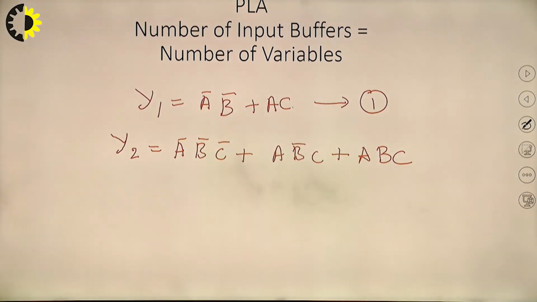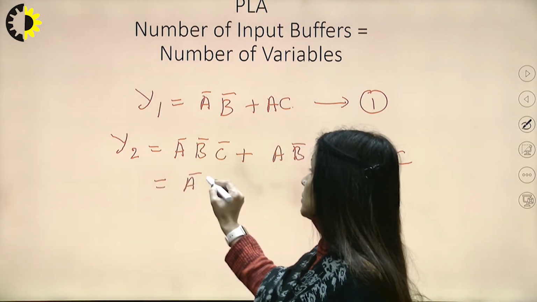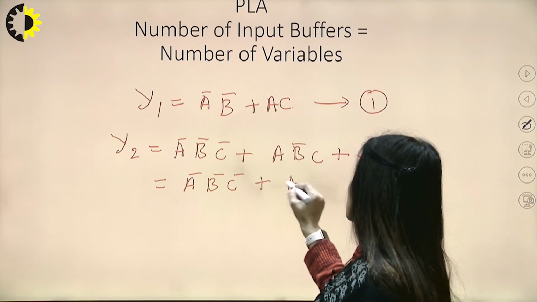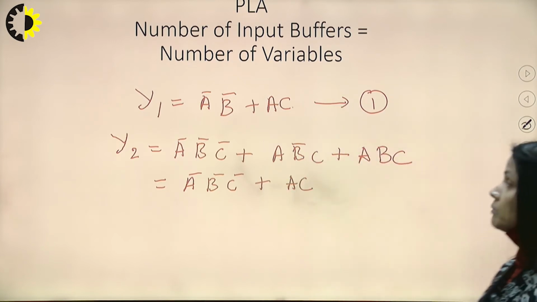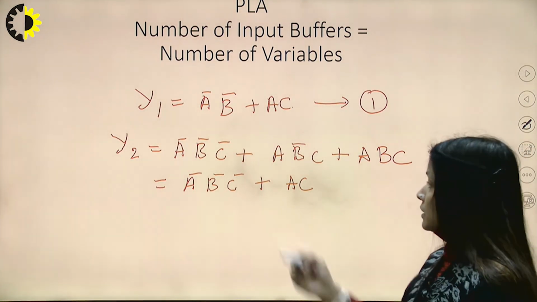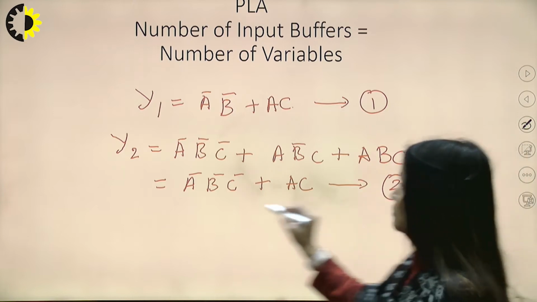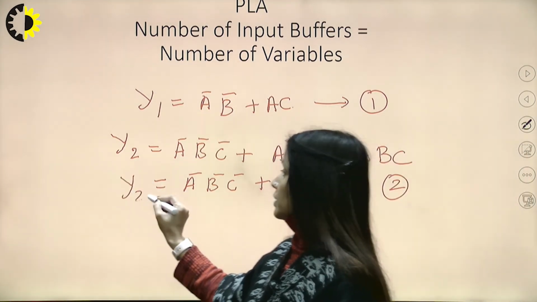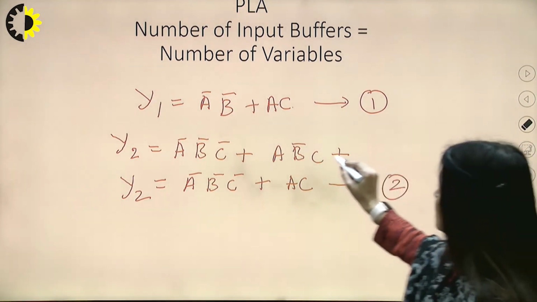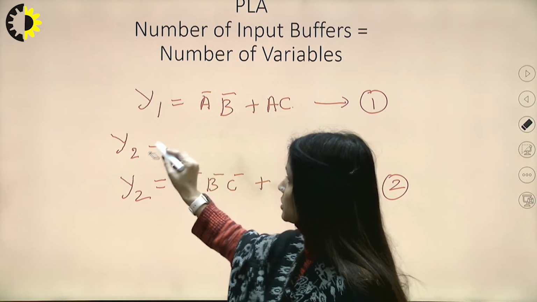Now next step is we will again solve this: A bar, B bar, C bar plus AC, because B plus B bar will be 1 and nothing is common, so that will be equation number 2. Okay. So like this we will solve the given expression.